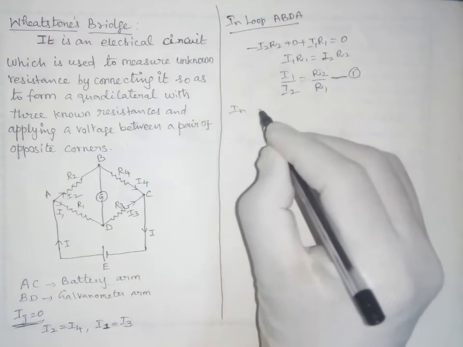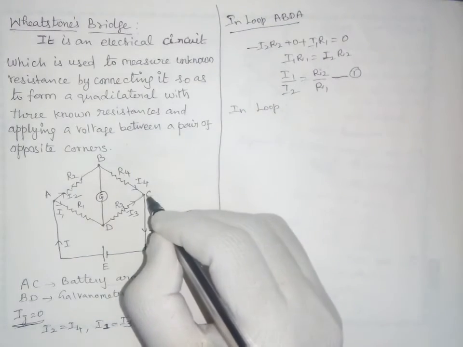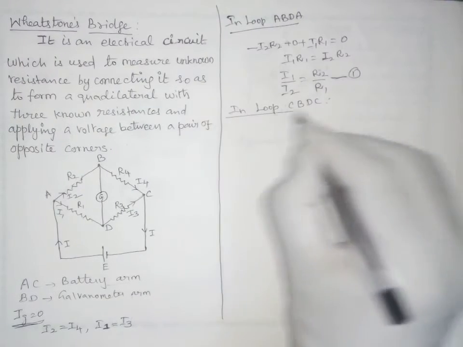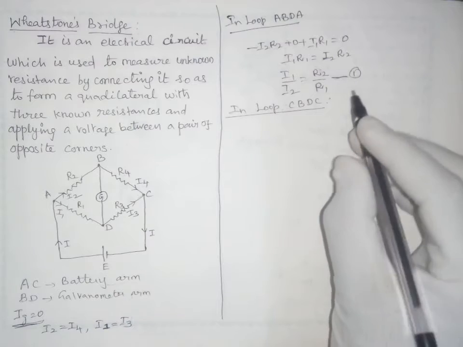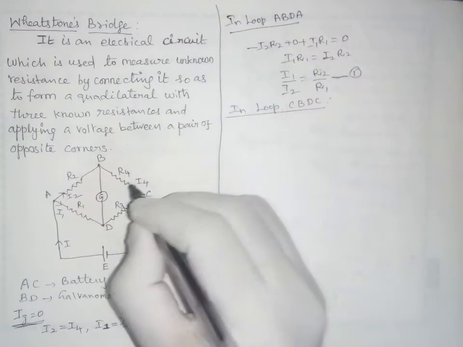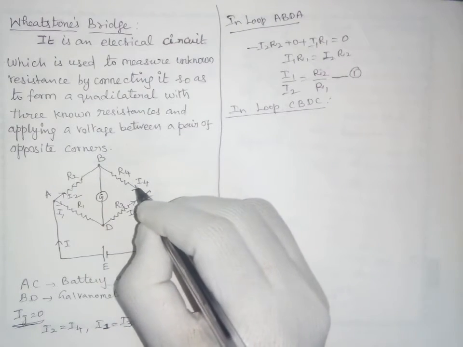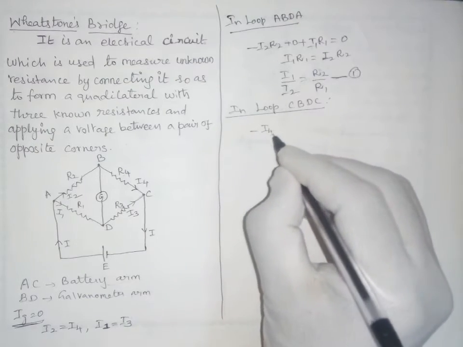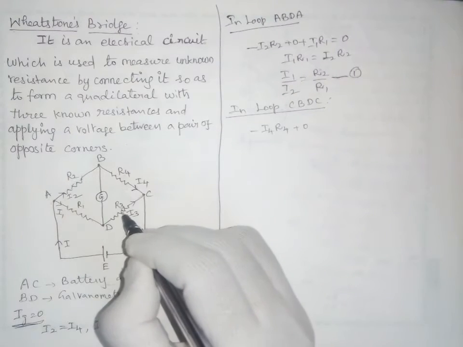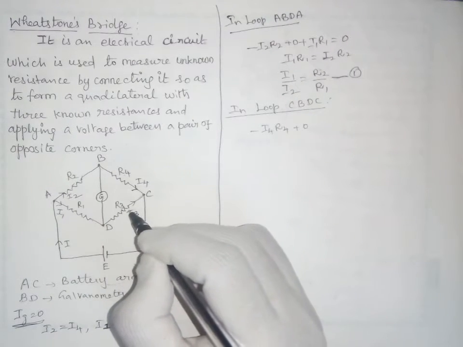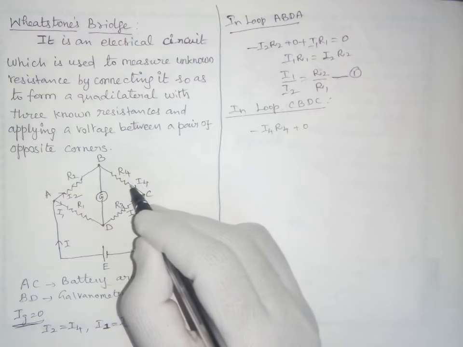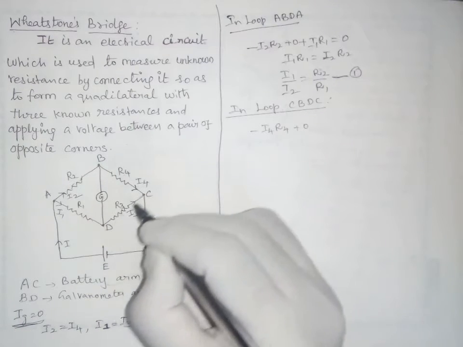Now consider the second loop, CBDC, and apply Kirchhoff's second law, starting from C. I4 R4 is taken as minus, against the direction of current, and Ig equal to 0, and I3 R3 we can also write.